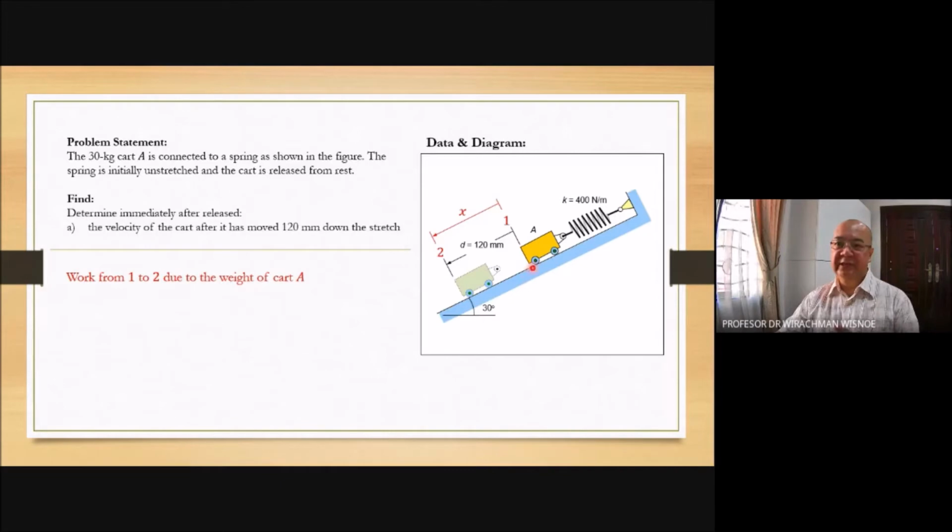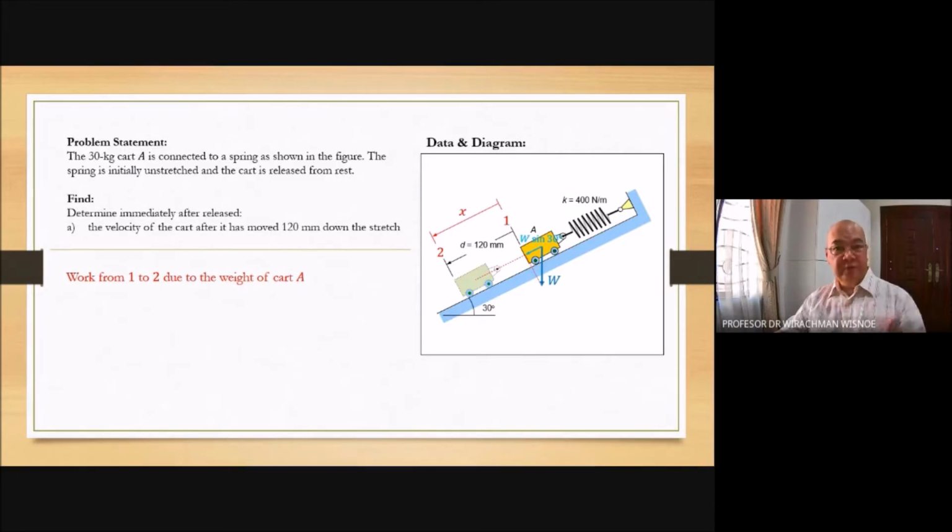We focus on the displacement from 1 to 2. Let's see the forces that apply to the body. First, we have the weight. And this is the displacement, the component of weight that is parallel to the displacement will be W sine 30 degrees. So the work due to the weight of cart A, you just multiply W sine 30 with the displacement of 120 millimeters.